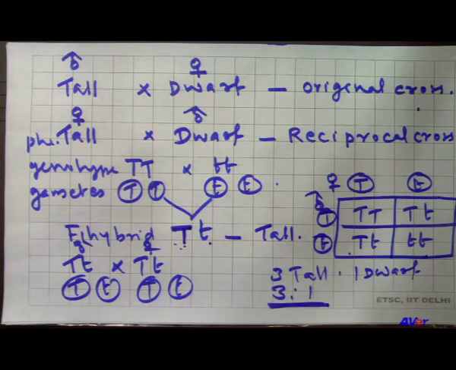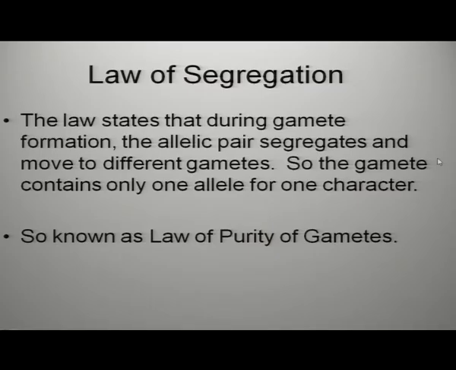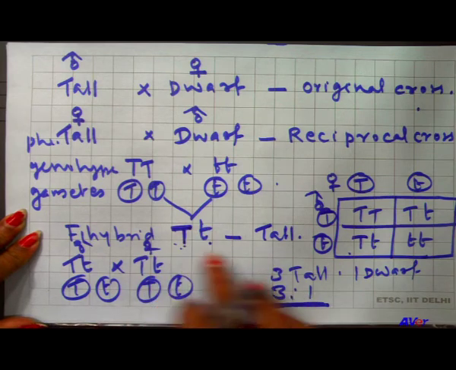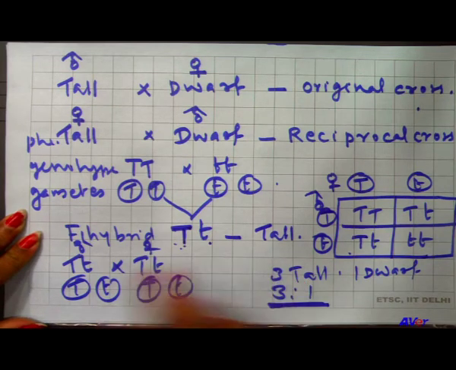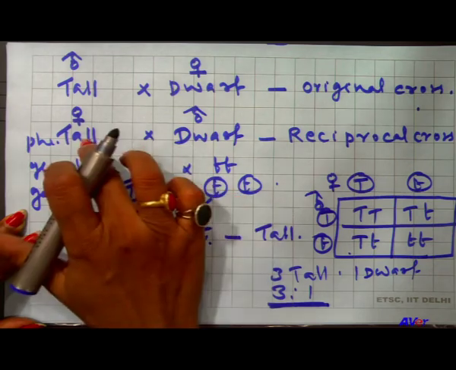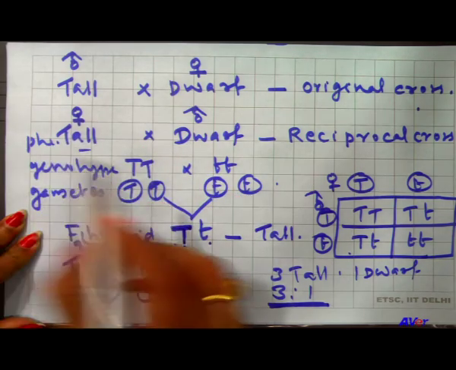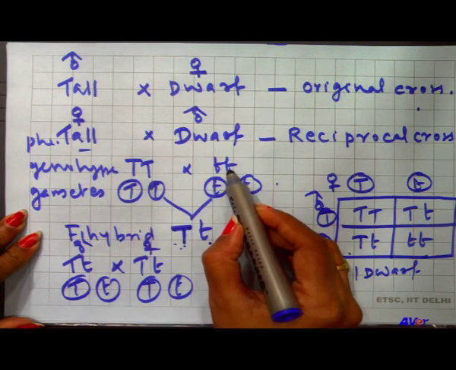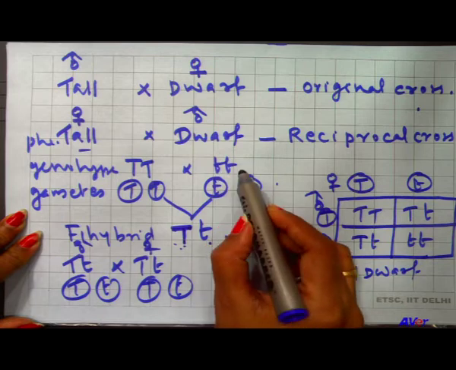Now comes the next one, that is the law of segregation. Here you can see these two alleles are seen together in this particular organism. Here also, in the tall phenotype controlled by the alleles capital T, they are seen together. Here also the small t alleles are seen in pairs.